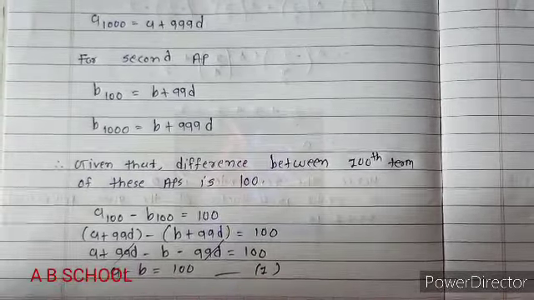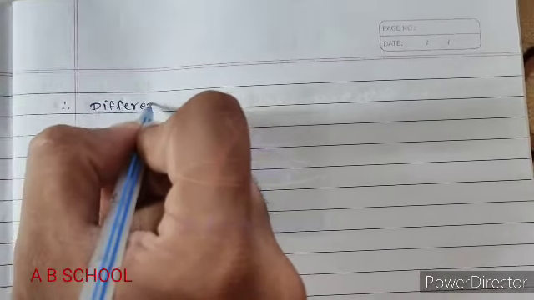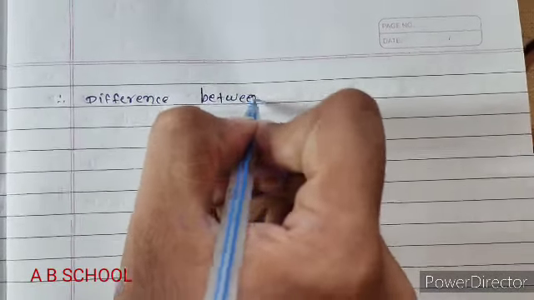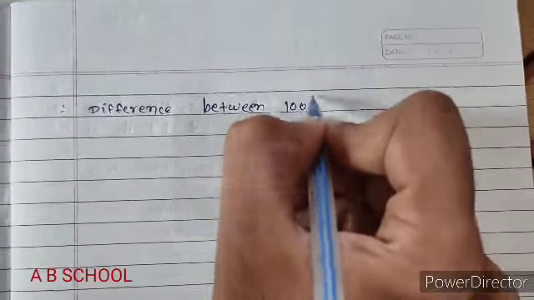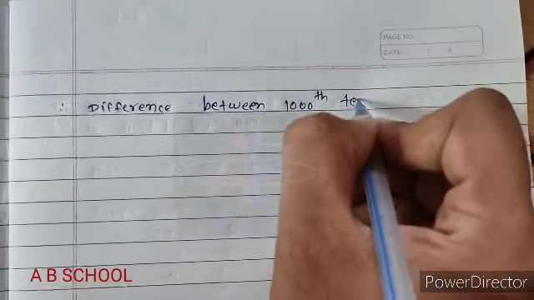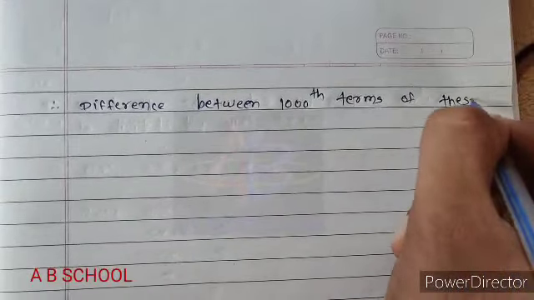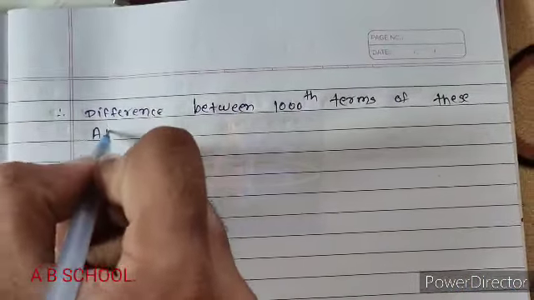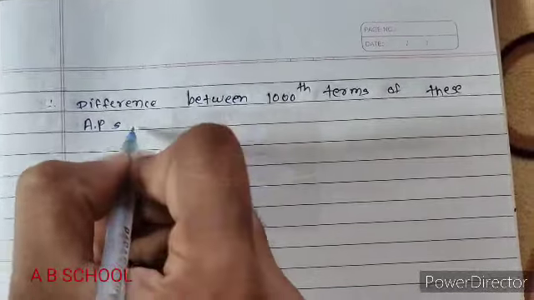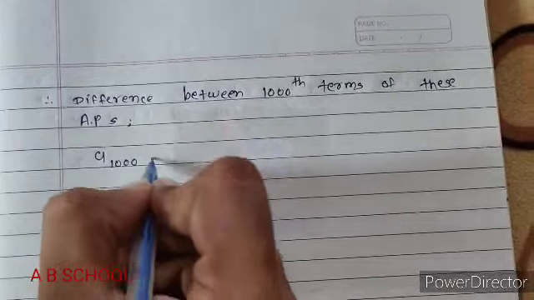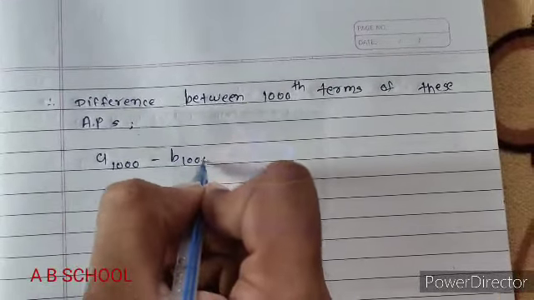Now for the thousandth term, the difference between the thousandth terms of these APs is A1000 minus B1000.